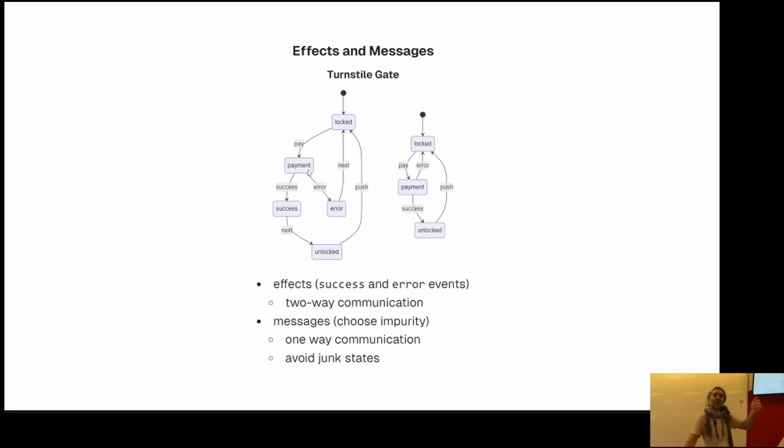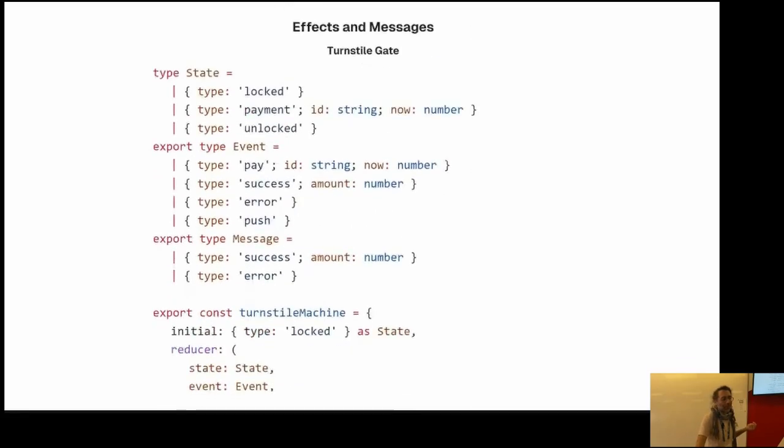For the payment, that's the slide I forgot, we will just implement this as a good old useEffect hook that reacts to a payment state. But for the notification of whether the payment has passed or not, we will give a special capacity to send messages. So effects will be for two-way communication between the machine and an external system, and messages will be for one-way communication from the machine upward.